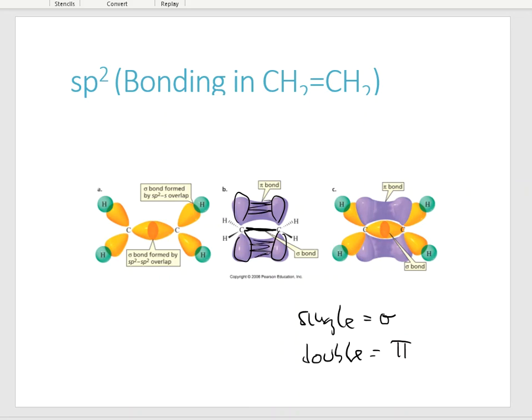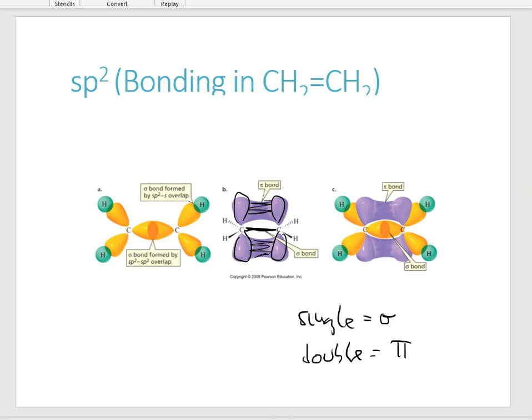So sigma and pi is a shorthand way that we can write down the word single and the word double whenever we talk about bond characteristics. So that will always be in play. We will kind of bounce back and forth between calling it sigmas and pi's and singles and doubles, but that is what those symbols represent.